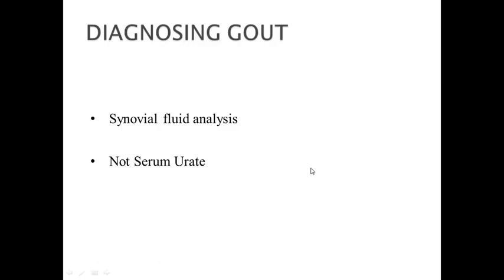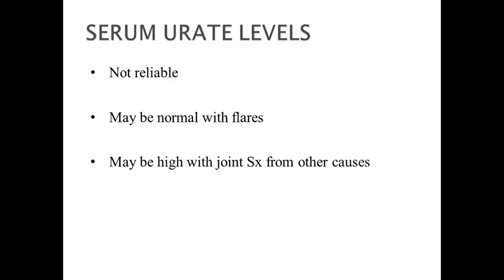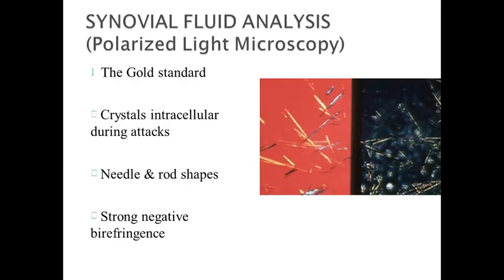And how do you diagnose? By synovial fluid analysis, not serum urate. Of course, serum urate concentration will be high, but this is not representative of gout. To make the diagnosis and take evidence, you should investigate the synovial fluid. Synovial fluid analysis is the gold standard.